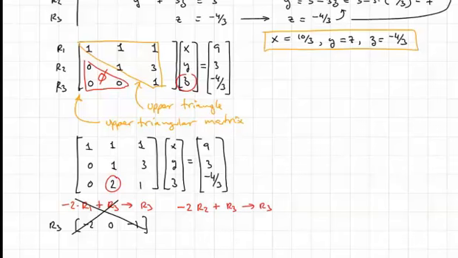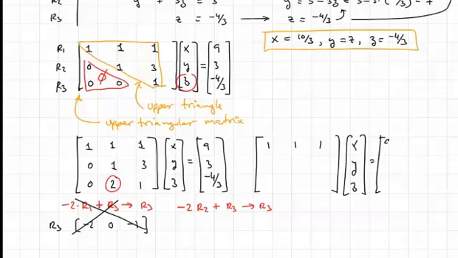So let's do that. So I have 1, 1, 1, x, y, z, 9, and 0, 1, 3, and 3. And now in row 3, we have minus 2 times 0 plus 0 is 0.